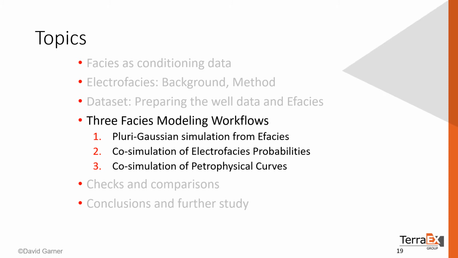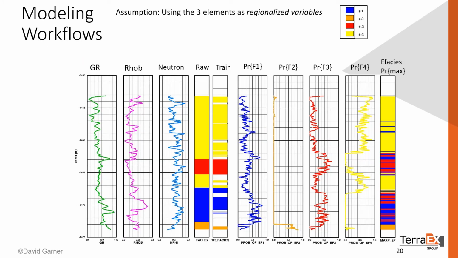All of this in the machine learning space is of interest. This is very much a domain subject, looking at facies, but it is a machine learning set of problems here. So the assumption then is that we're using these 3 elements as regionalized variables.